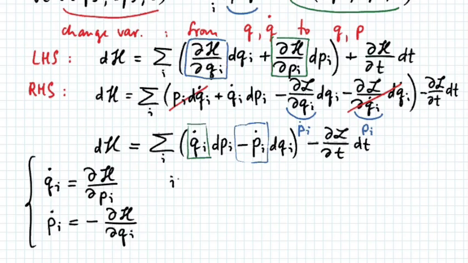For all I goes from 1 to n, these are Hamilton equations of motion.